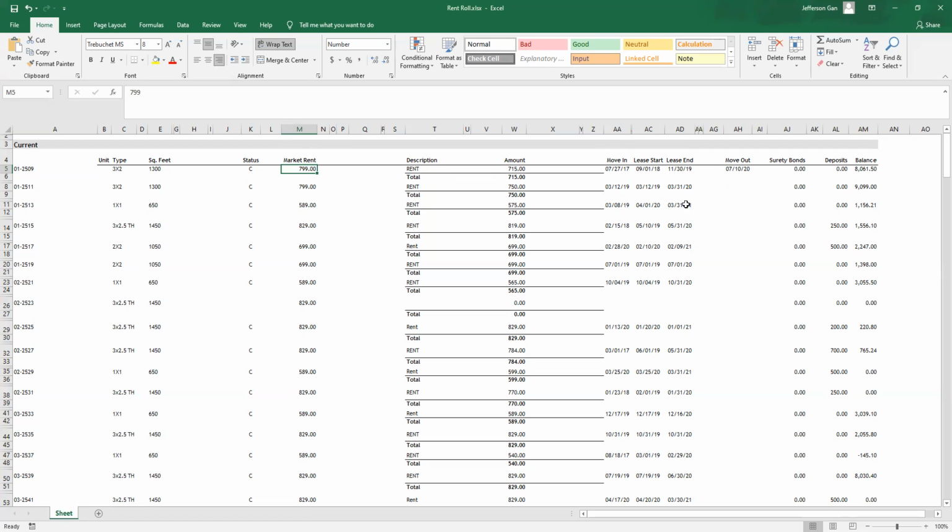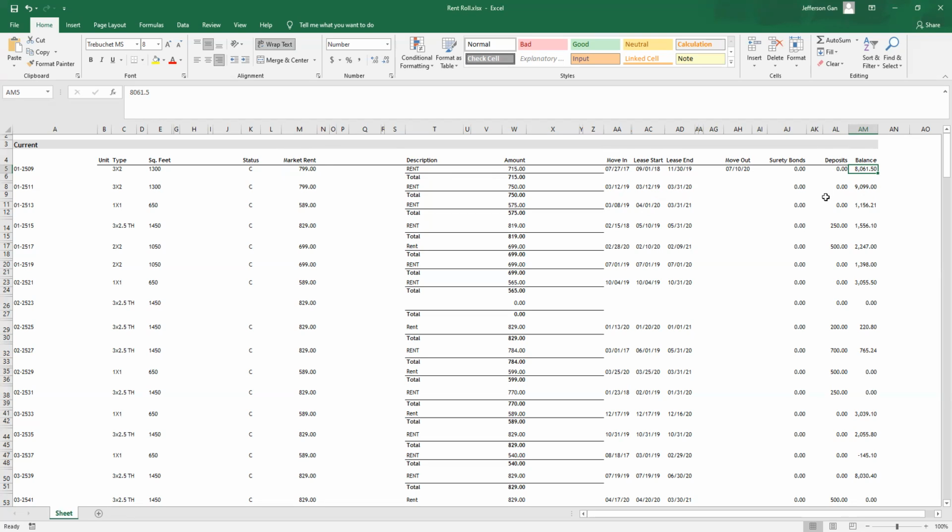What I typically want to see is the balance, because the balance will tell if the resident is way behind on their payments. Let's say on this property there seems to be a lot, like 8,000 in balance. That's a question of why this person is still in the property.